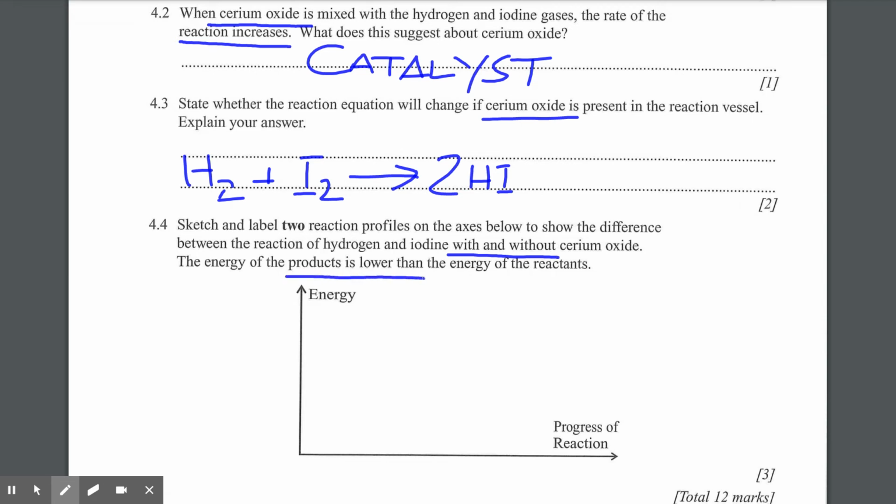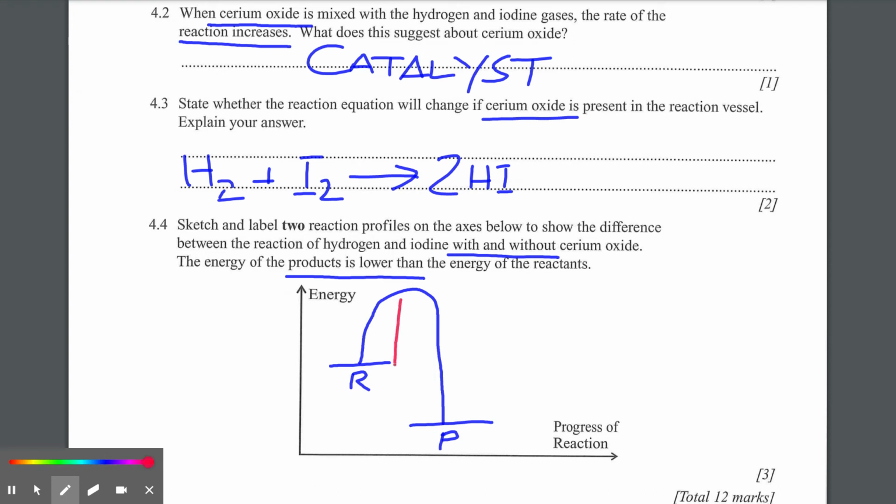So if we just arbitrarily place the reactants here, we'll label those R, we're told that the energy of the products is lower than the energy of the reactants, and so we have to then draw an energy profile diagram like that, and we will generally for these things label the activation energy, which is EA for this one.